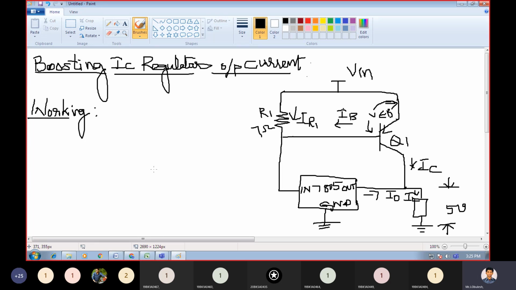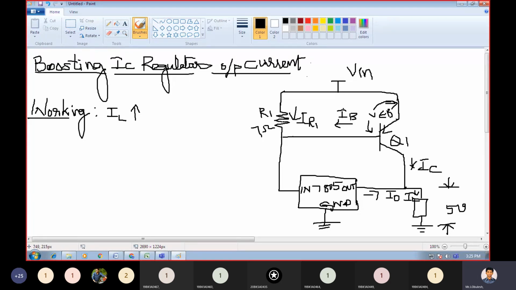However, as the IL value increases, the voltage drop across this resistor R1 also increases.